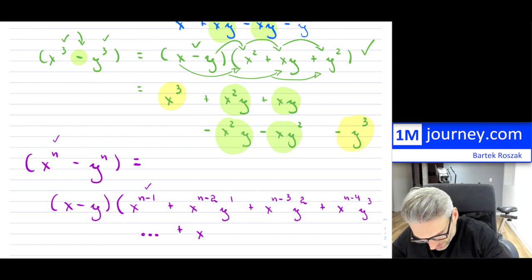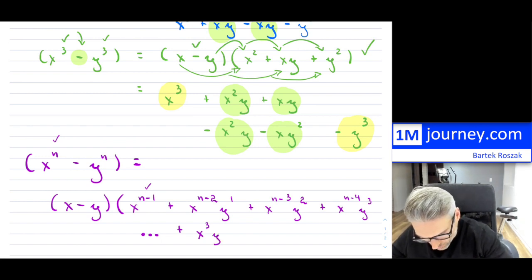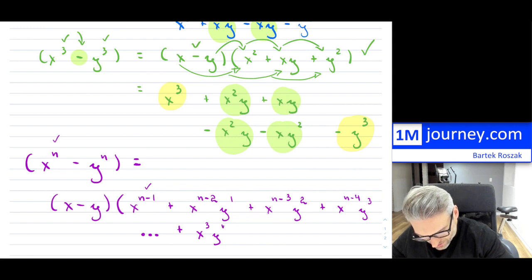So here, I would have gotten x to the 3, and now the y's, notice that all the y's have been increasing. So 1, 2, 3, and so on. So this one is going to be, now you can guess, because when you add them together, they should equal n minus 1.